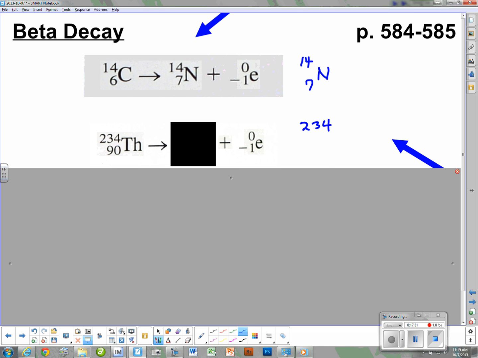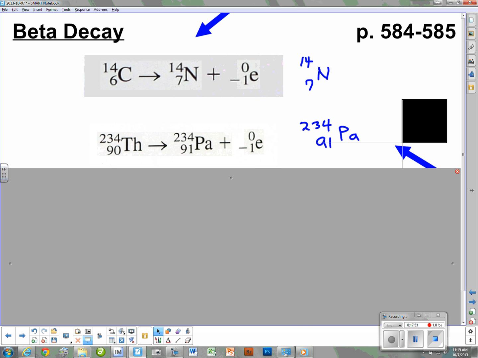And on the bottom, we have 90, and this has to be 91 because of the minus. So 91 minus 1 is 90, and this is protactinium. Looks like the abbreviation for Pennsylvania. That's the kind of thing you're going to be asked to do on your worksheet.